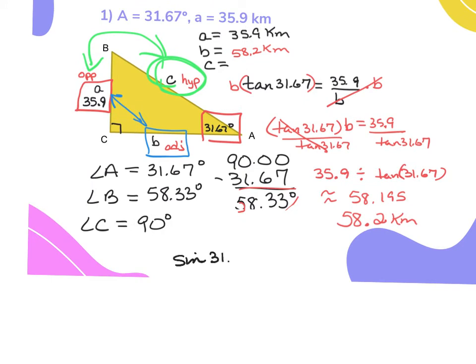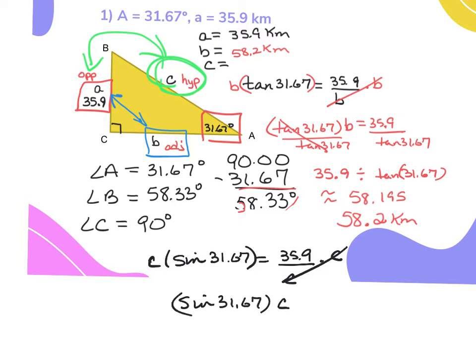Sine of 31.67 is equal to opposite, 35.9, over hypotenuse. And now I'm going to multiply both sides by c to get this out of the denominator. And now I have sine of 31.67 times c equals 35.9.